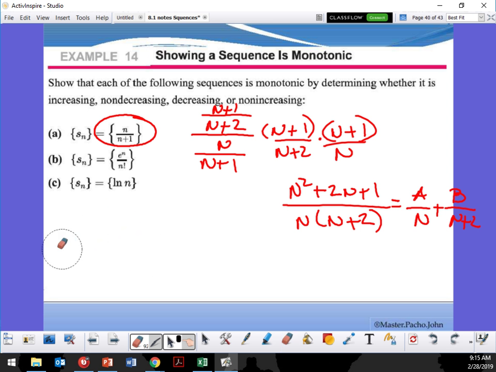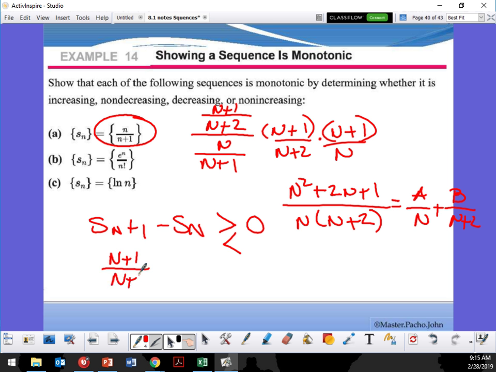Sorry. s of n plus 1 minus s of n. And I'm going to look to see its comparison to 0. If it is greater than 0, it would be positive. If it is less than 0, it'd be negative. So s of n plus 1 should be n plus 1 over n plus 2, right? Minus n over n plus 1.